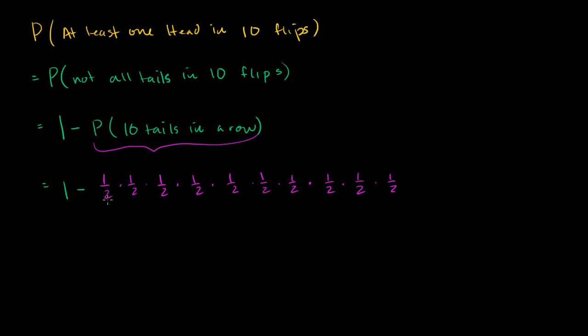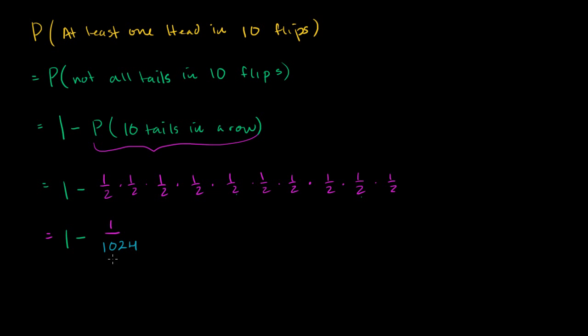And so the numerator is going to be 1. This is going to be equal to 1 minus, our numerator, you just have 1 times itself 10 times, so that's 1. And then on the denominator, you have 2 times 2 is 4, 4 times 2 is 8, 16, 32, 64, 128, 256, 512, 1024.